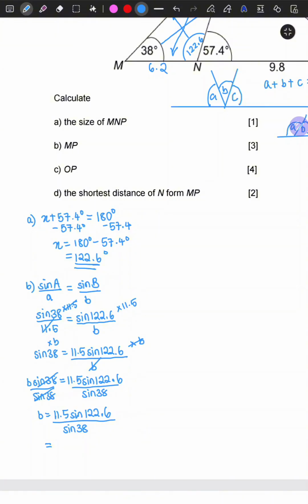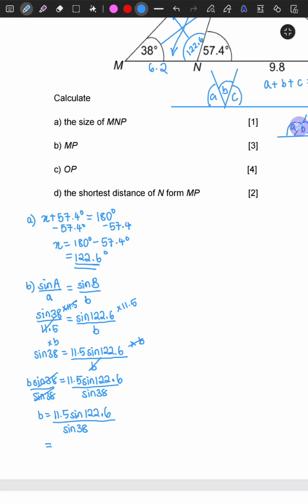11.5 sine 122.6. Another thing is to make sure that your calculator is in degrees mode. It's not in radians mode, because that's going to give you a totally wrong reading. So always make sure before your exam that it's in degrees mode, unless you're an additional mathematics student.